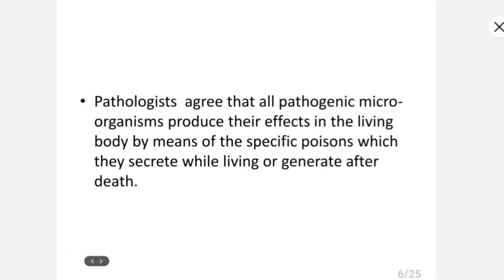Also, from a modern pathological point of view, pathologists agree that all pathogenic microorganisms produce their effects in the living body by means of specific poisons which they secrete while living or generate after death.